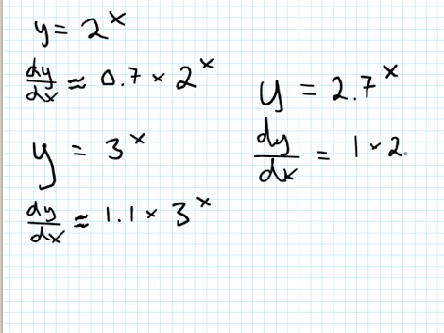And this makes everything much easier, because 1 times this is the same thing. So if the base is 2.7, then the derivative is the same thing, 2.7 to the power of x.